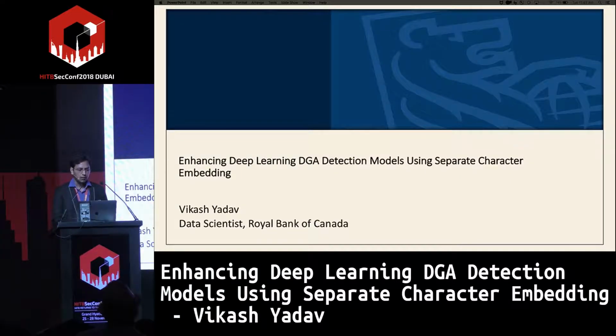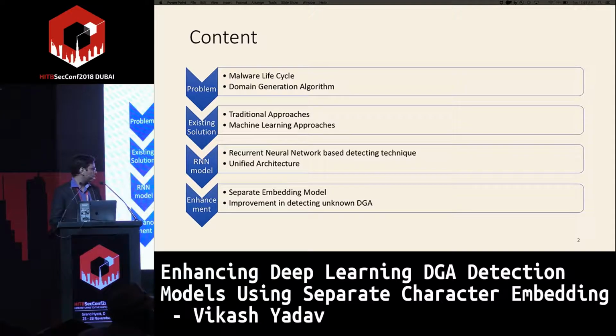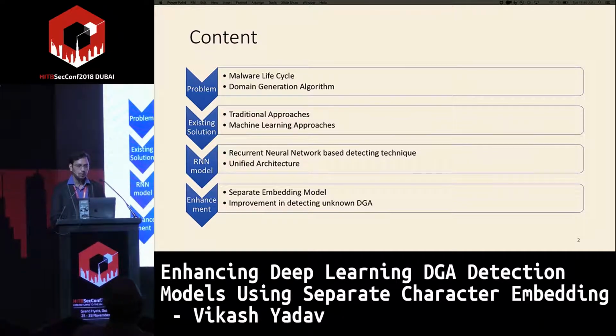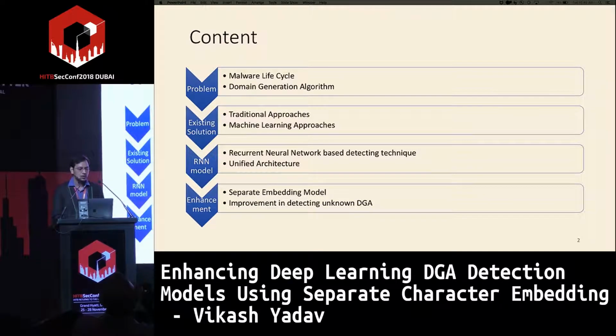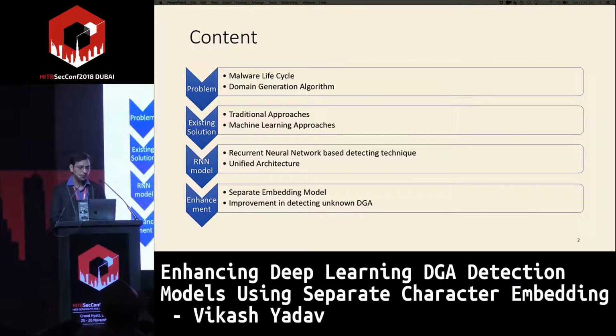So I've divided the presentation in 4 sections. In the first section, we are going to look at the problem, what we are trying to solve. In the next section, we look at some of the already available approaches to tackle this problem, both the traditional as well as machine learning based approaches.